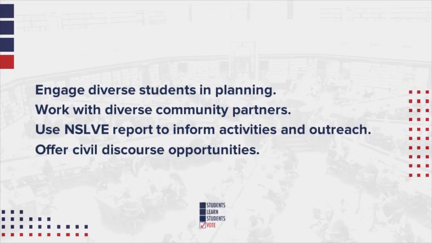Again, just keeping in mind that campuses are all based in communities and that we need to strengthen those bonds as well. Further, as we mentioned, you can use the INSOLVE report to inform your activities and outreach, particularly if your report includes racial and ethnic data, and also offering opportunities for civil discourse as well.